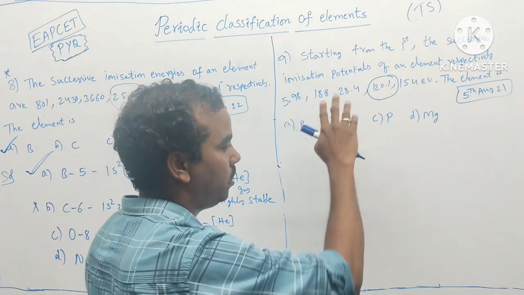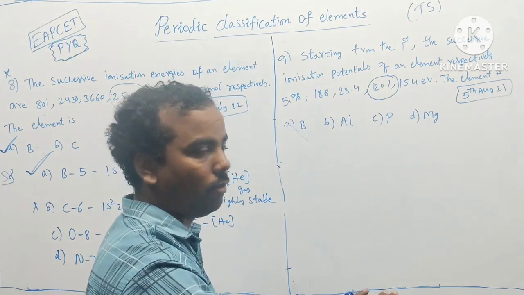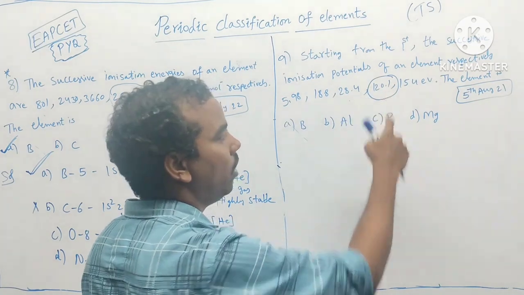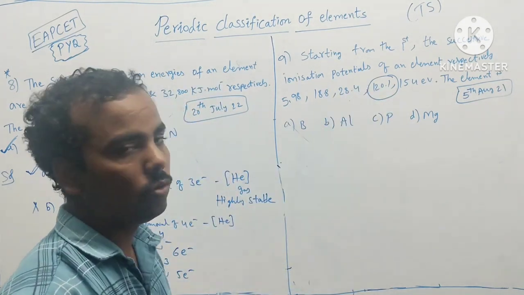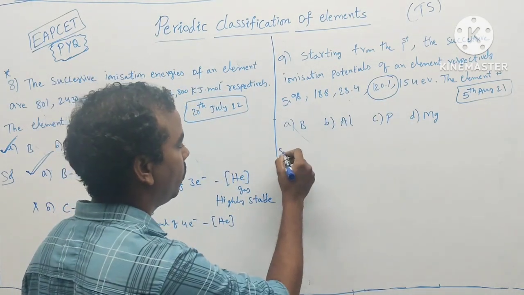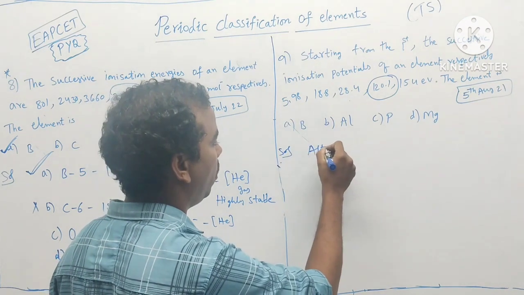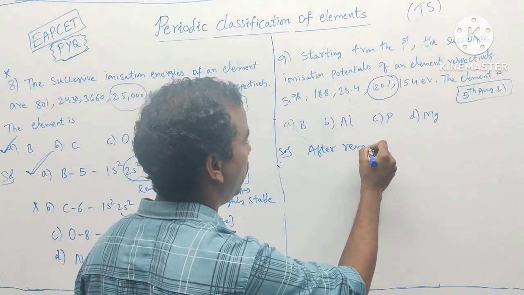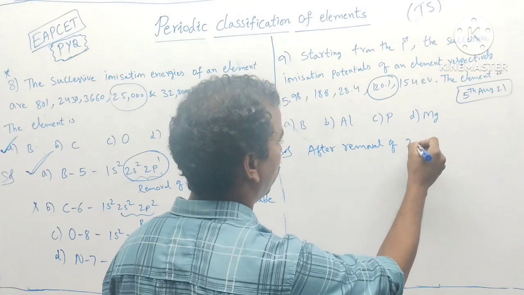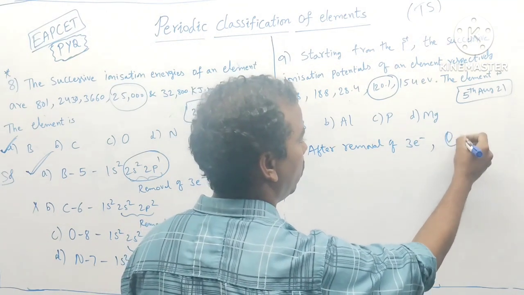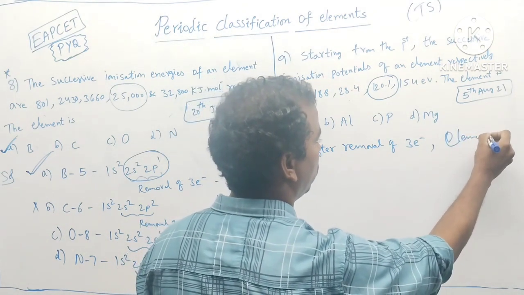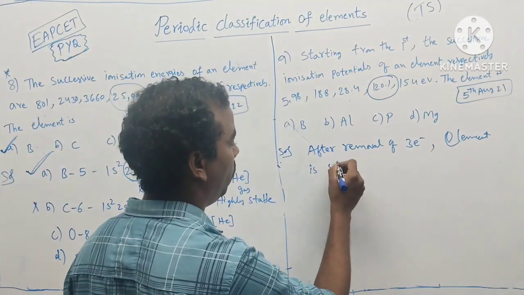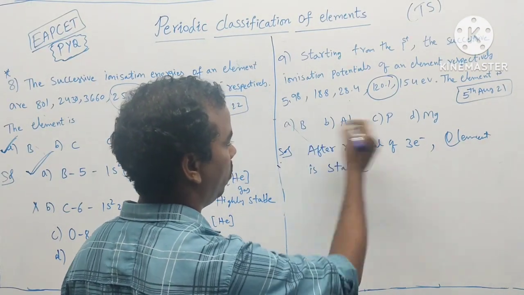After 3 electrons, it is a stable electron configuration. To remove the 4th electron, 120 electron volts energy is required. That means after removal of 3 electrons, the element is stable.